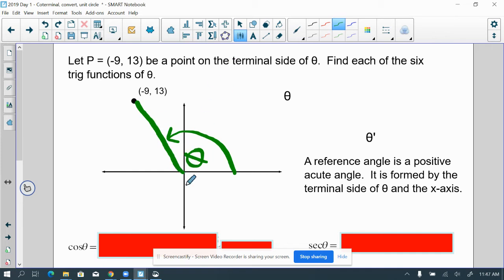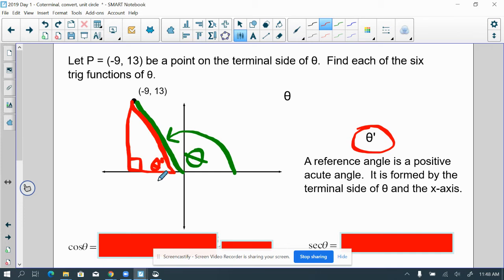The unit circle is a tiny circle with a radius of 1, but we can still use those ideas to solve this problem. And we're actually going to create a right triangle, which is a common theme in this class. And this angle, theta prime, is called a reference angle.